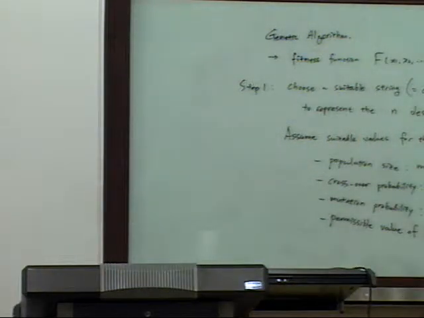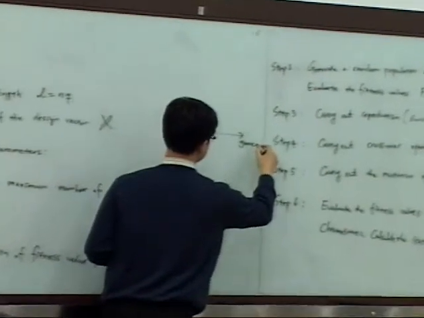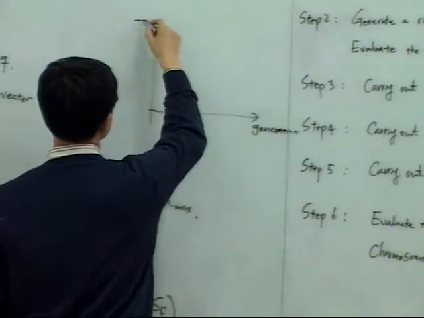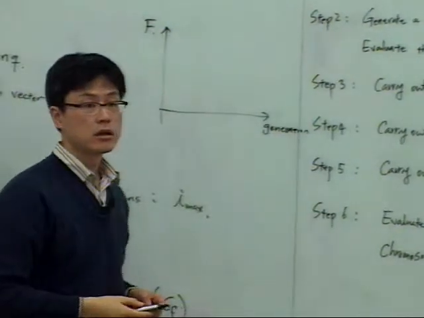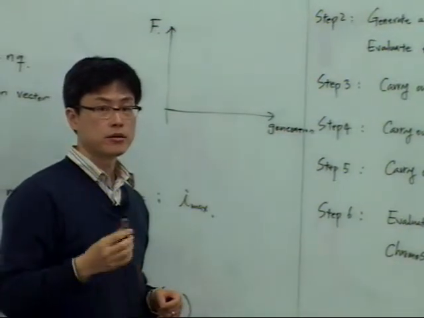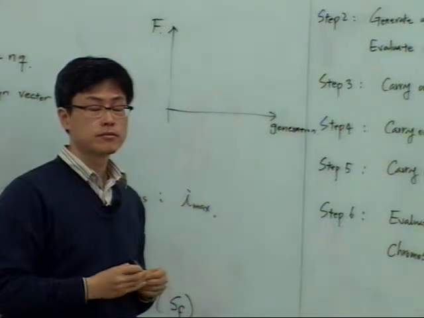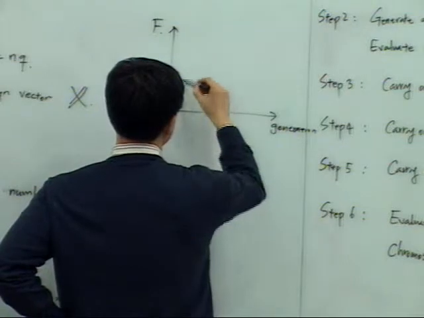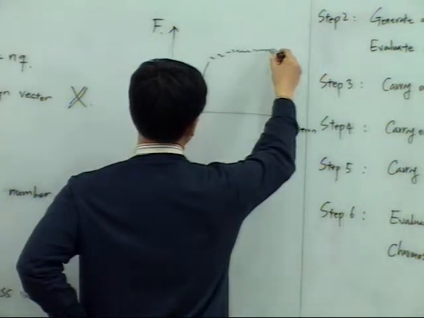For example, if this is the generation, and let's say this is the fitness value, if you plot your average value of the fitness function, it will become something like that.